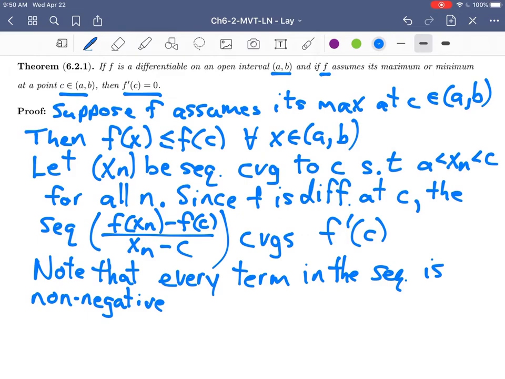How do we know that? Well, we know that because f of c is that maximum value, and so up here on top we're going to have a value that is no larger than f of c, so that's either 0 or negative there on top. We also know that x minus c is going to be negative, so we'll have either 0 or a negative divided by a negative, and so it's going to be either 0 or positive.